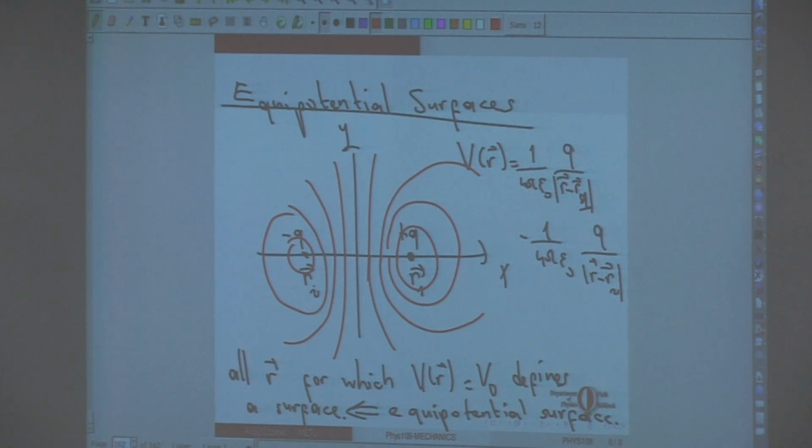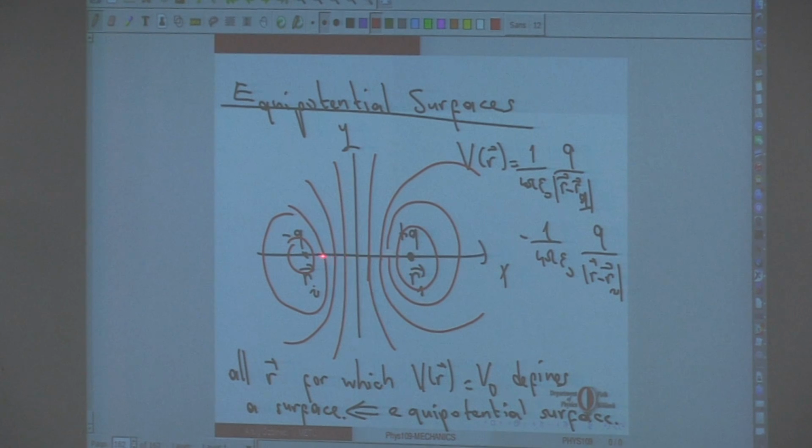They mark the points on this chart that have, here not the height, but the potential. All the points on this line have the same potential. All the points on this line have the same potential. But the points on this line have a different potential than this one. The potential value will usually also be written somewhere on these lines. But as long as you are on one line, all the points have the same potential.